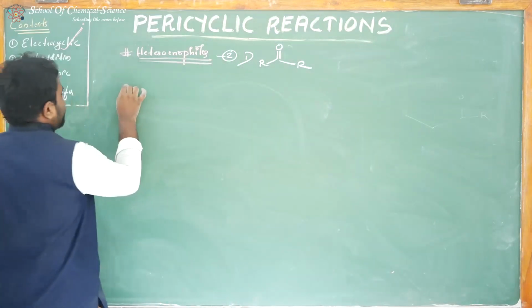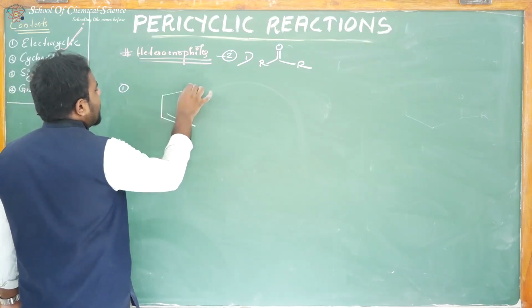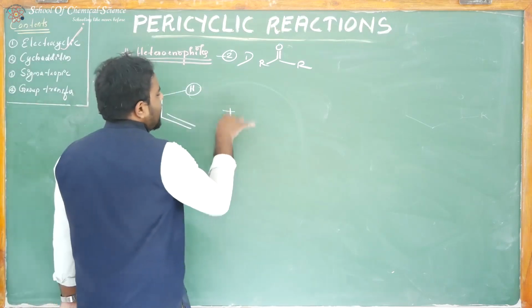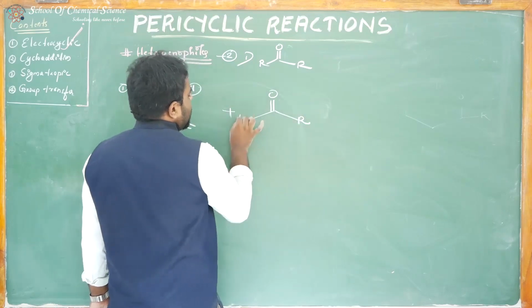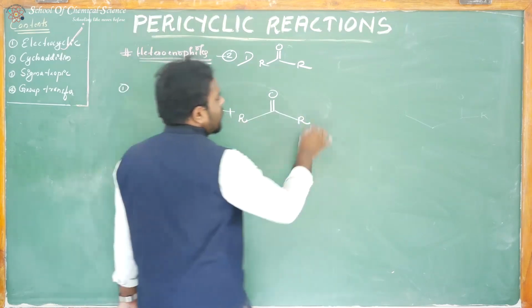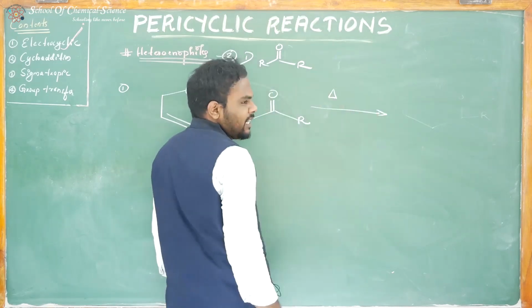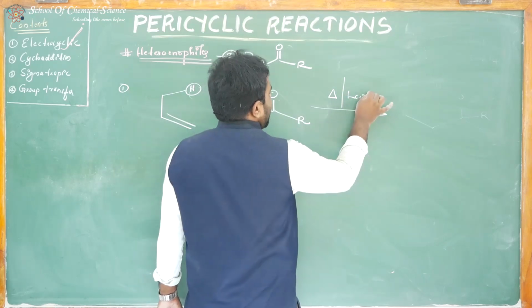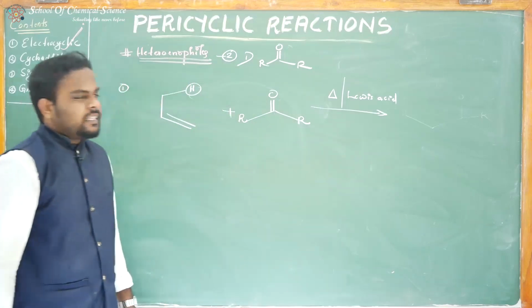So write a question. It's an allylic carbon and that carbon contains a hydrogen, so the system is an allylic system, on reaction with a carbonyl compound. The reaction generally takes place under thermal condition, because the ene reaction takes place under thermal condition, and in the presence of a Lewis acid, which will facilitate the reaction.